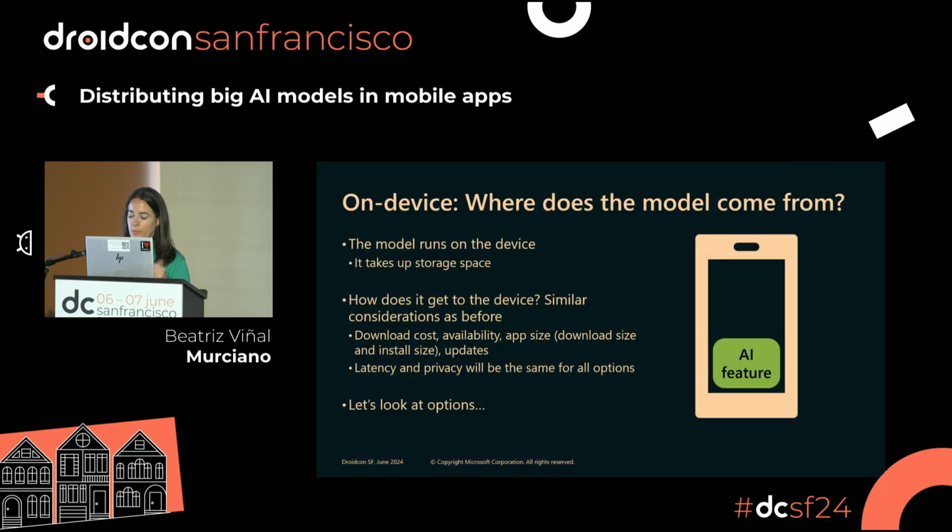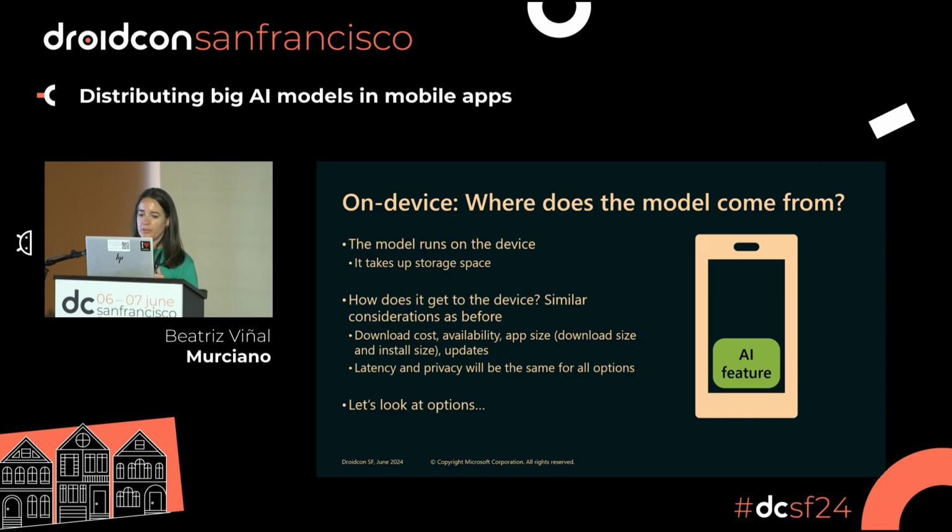First of all, our model is somewhere on the device. It is taking up storage space somewhere on the device. But we can start thinking about, does everybody need it? And does everybody need the same model? And what happens to people who don't really use this feature? Do they need the extra storage as well?